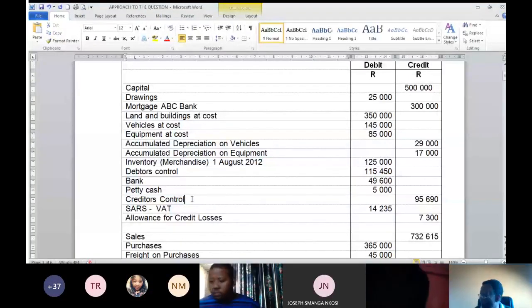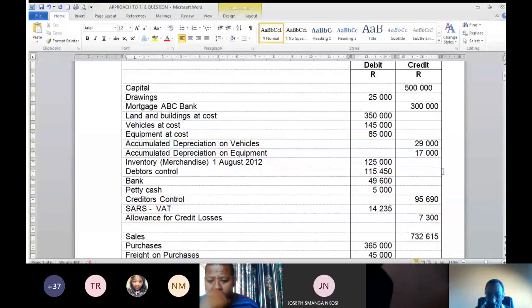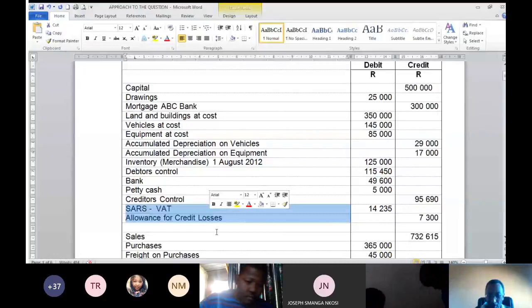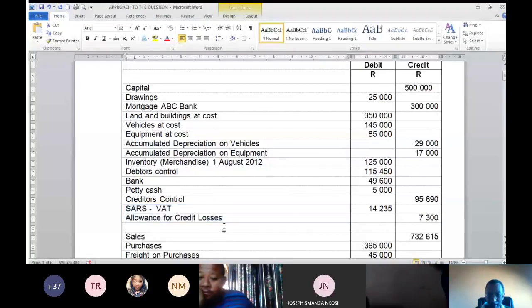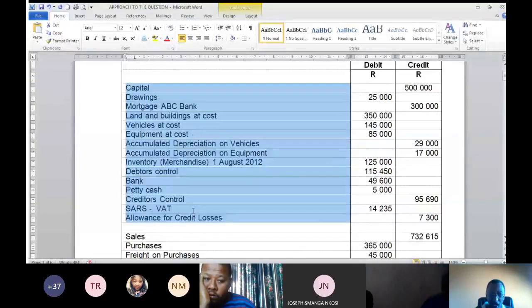Creditors control, which is my trade payables, is a liability, and SARS and allowance for credit losses will fall under the category of assets. That is the first section, which is our financial position account section.